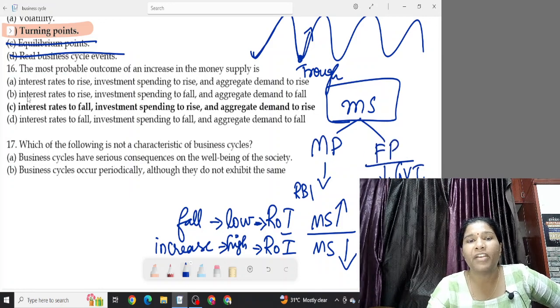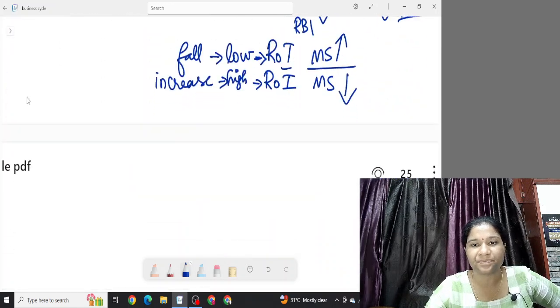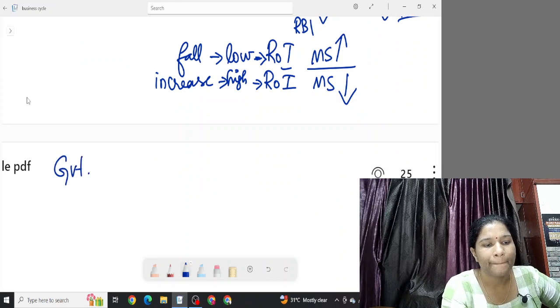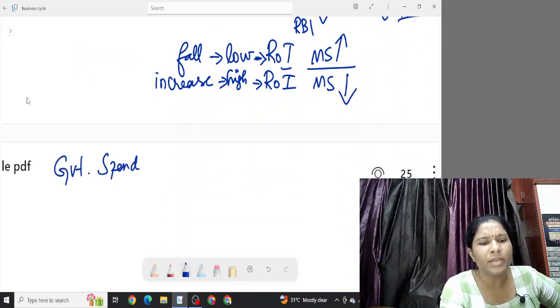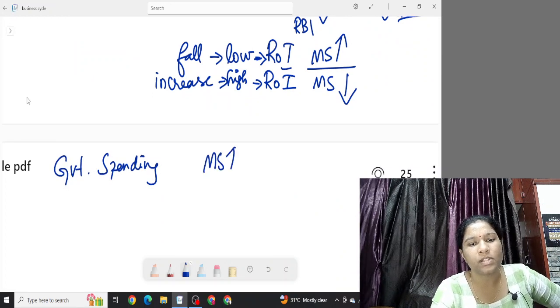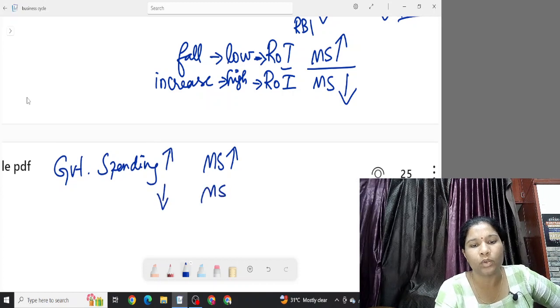When we talk about government spending, whenever the government spends, money is infused into the economy, so money supply goes up. When government spending goes down, money supply goes down.